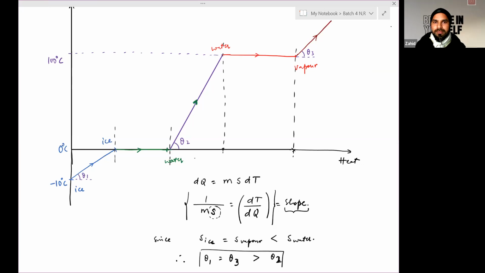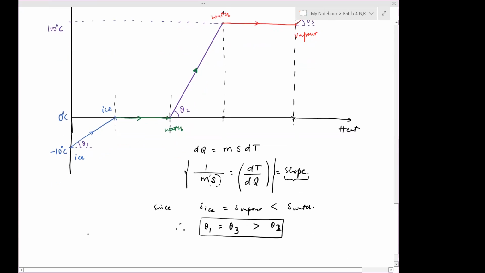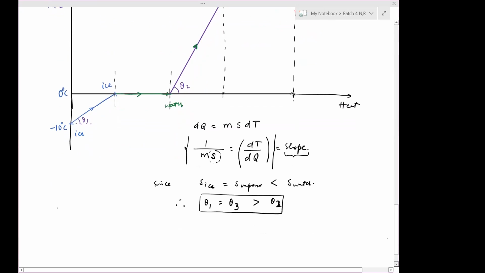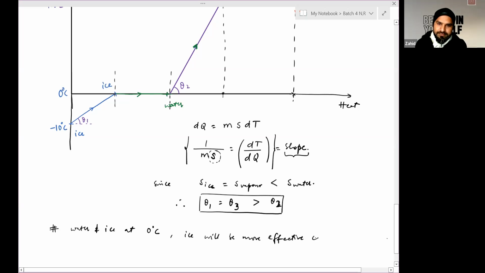Is it clear to you all? Yes, sir. So just remember, according to this particular graph, water and ice at 0 degrees Celsius, ice will be more effective in cooling.